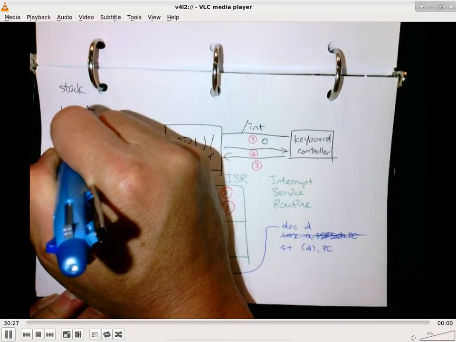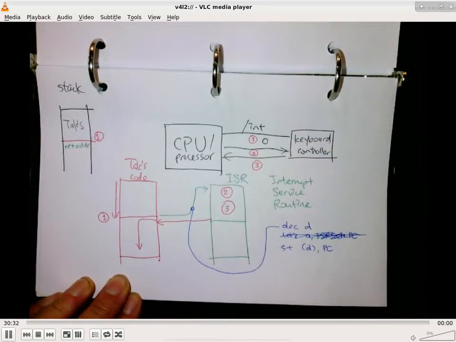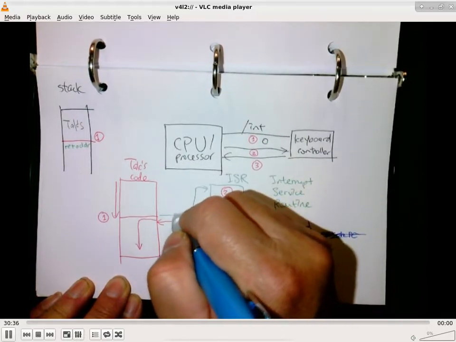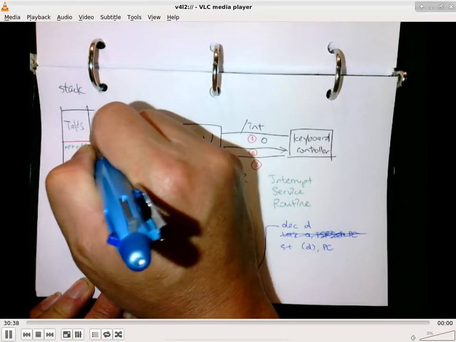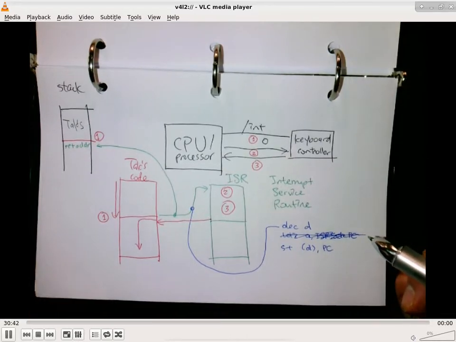The ISR will first push its return address here. This is the return address to Tech's code. That's the first thing that this green arrow is going to do. This green arrow is causing this return address to be pushed on stack, right below where the stack pointer was pointing to.